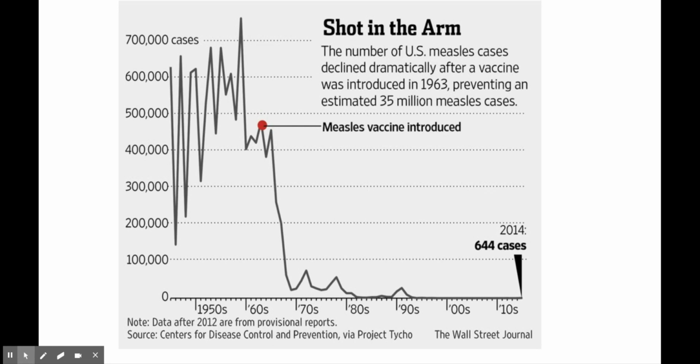If no one was susceptible anymore, it would stop spreading. Recently, because of anti-vaccination beliefs, we have seen some outbreaks. But in general, this is an example of herd immunity against this disease.